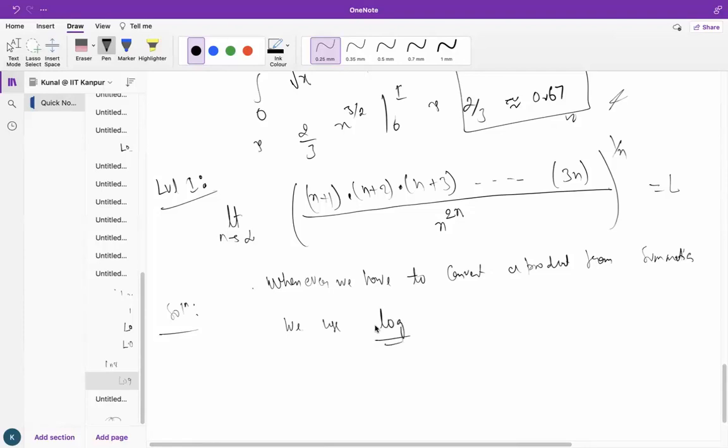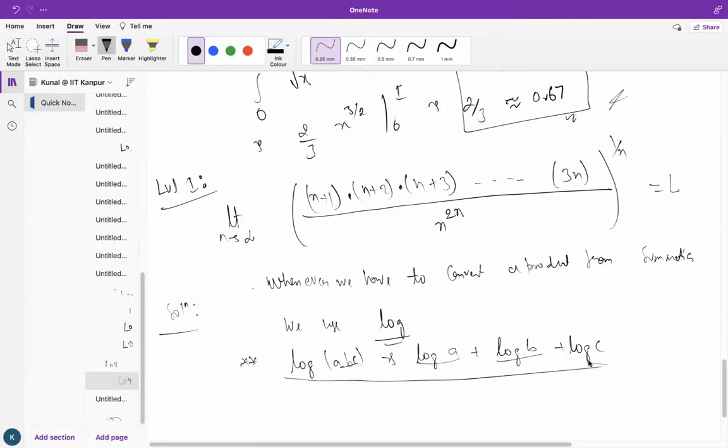It is very useful because it has a property: log of ABC with the same base is equal to log of A plus log of B plus log of C. This is a very important property. If A, B, C are written in the form of a product and we take the log of it, we get the form of a summation. And what we require is to convert this product form into the summation form.